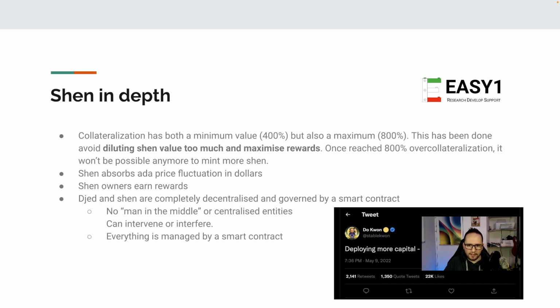There is no possibility of a man in the middle or centralized entities that could either intervene or interfere with the smart contract. It's all done by the smart contract and by community members. Neither COTI nor ERGO can, as Dog1 said a few months back, deploy more capital. This can't happen. You can only mint Shen and burn Shen, or mint Djed and burn Djed. That's all that you can do.